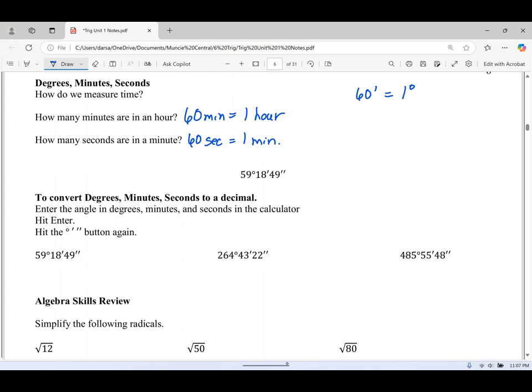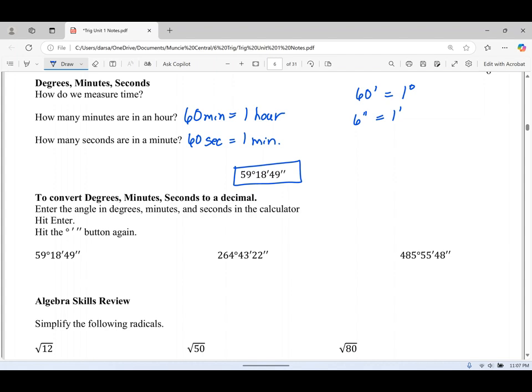Similarly, each part of a degree that's a minute, we can divide into 60 seconds. So there are 60 seconds, which we use two dashes for, in 1 minute, and there are 60 minutes in 1 degree. And we can get something that looks like this: 59 degrees, 18 minutes, and 49 seconds.